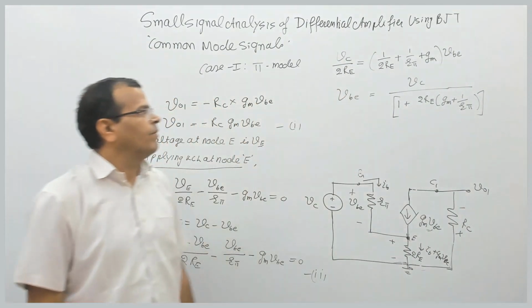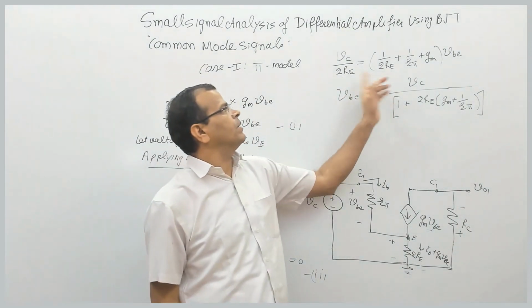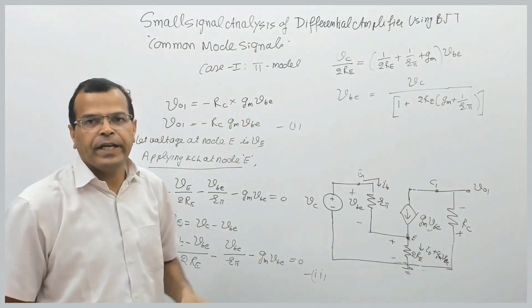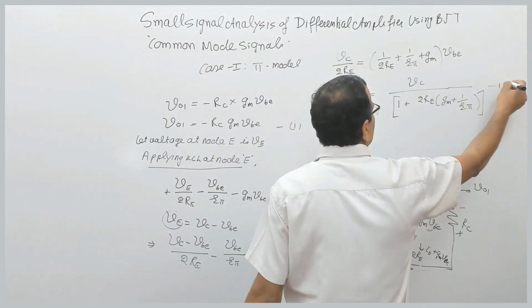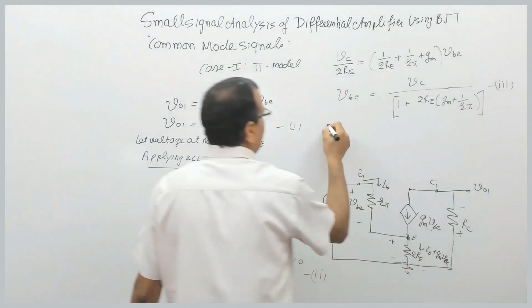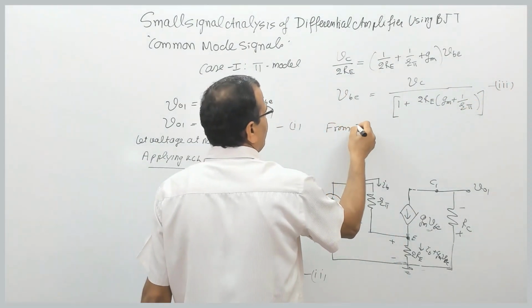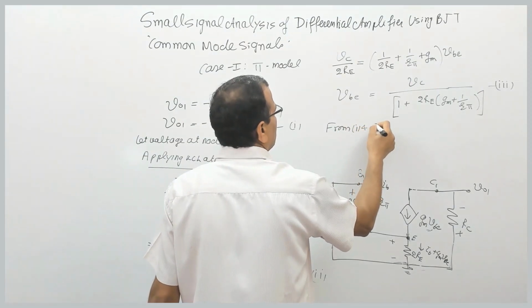That's what you have. So I have written VB in terms of VC, and this is equation number 3. From the first and third equations, what do we get?